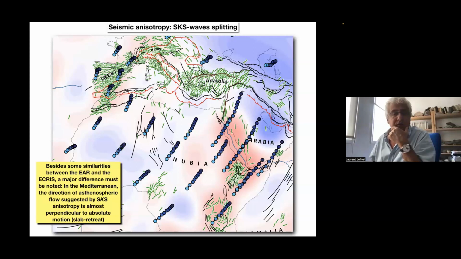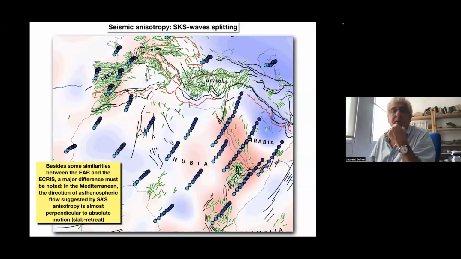And one of these differences, the main one, according to me, is the orientation of the SKS anomaly. That is velocity anomaly, that is anisotropy, sorry, that is almost east-west below the Western Mediterranean and not parallel to the rift here.